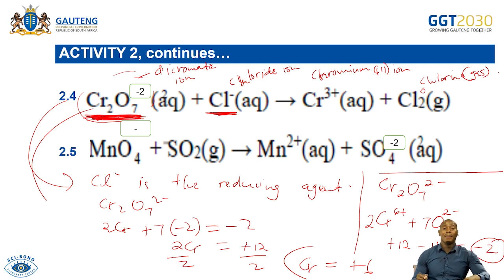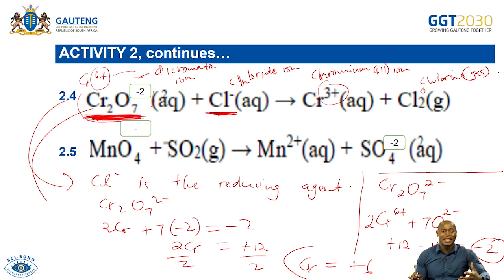Now, for the oxidizing agent, remember, there must be a decrease in oxidation number. For chromium, it was Cr6 plus initially, although you didn't see that, it's what we're supposed to find out. But this side it is 3. You can see it's decreasing from 6 to 3, so the oxidation number decreases.